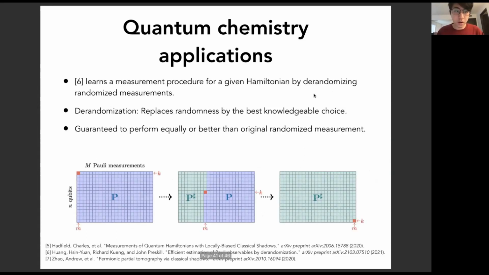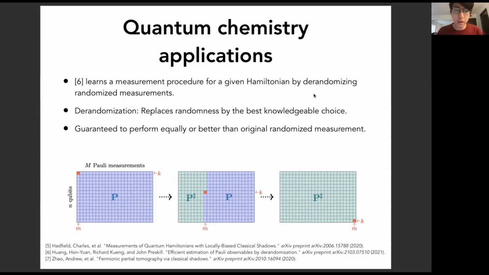And another line for applying to quantum chemistry is from us, where we consider a very different approach. It's called derandomization. So recall that in our original approach, every time we do these measurements, we are doing a randomized approach. We are sampling a random unitary, and then we are doing the measurement.